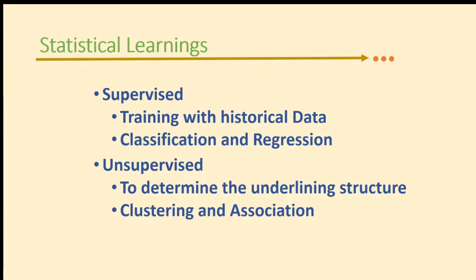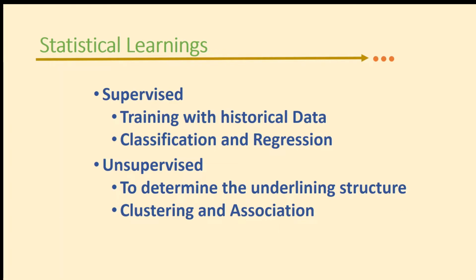So in a supervised model, we are not only giving the data, we also specify some piece of information about the data so that the model can learn, and then the data can be split into training and testing. Training data can be used for learning from the data, and the testing data can be used to evaluate the performance of the model.